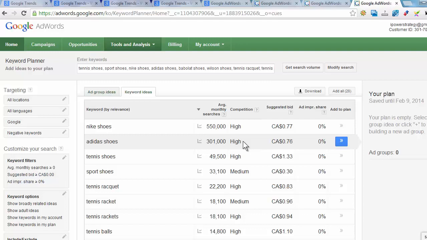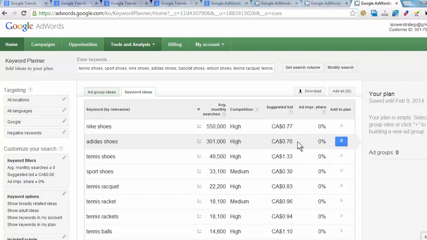Okay, and if you were to advertise, you would have to pay for Nike shoes 77 cents per click, which is something that will be explained later. And for Adidas shoes, you would have to pay 76 cents. So my big question is, based on this presented information, which phrase is better?